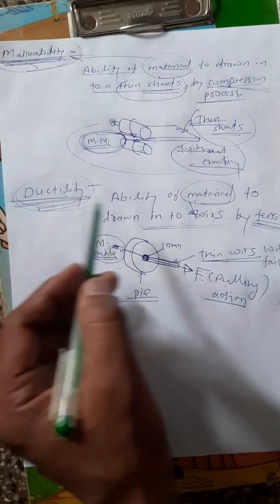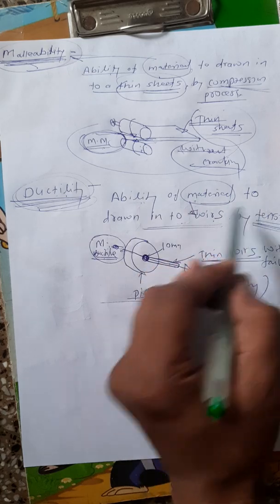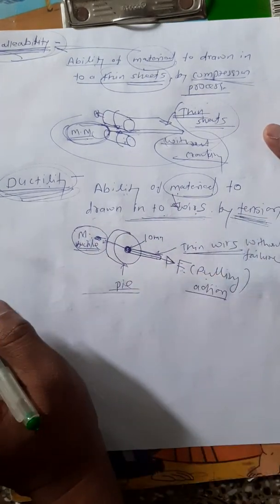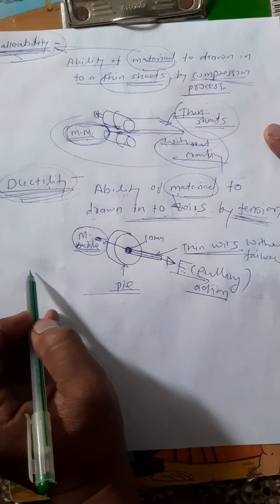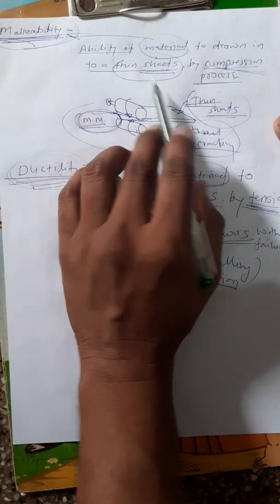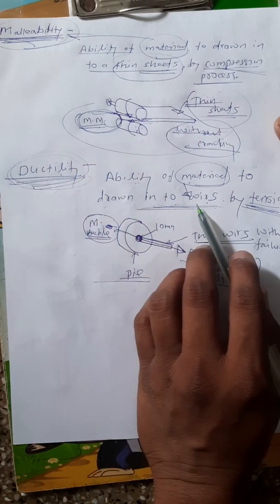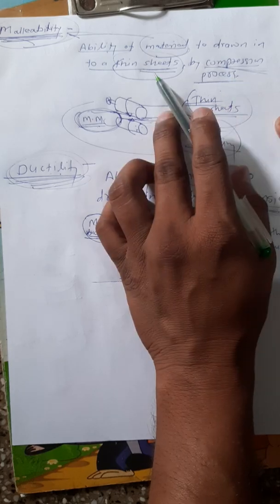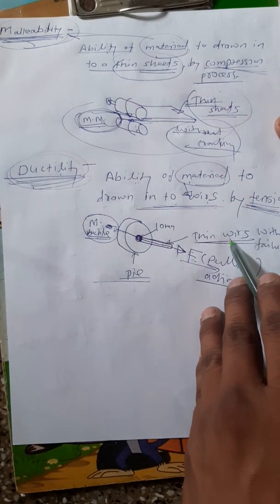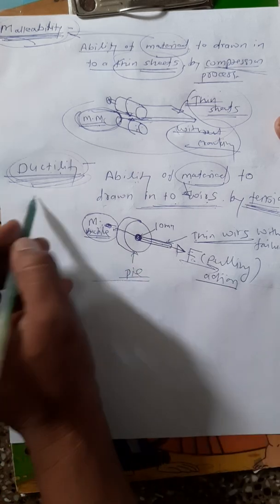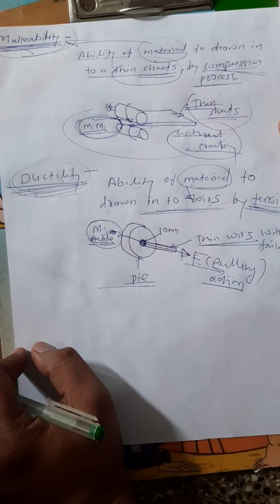Ductility is the ability of a material which can be drawn into thin wires by tension action, a pulling force. In malleability we get thin sheets, in ductility we get wires. Materials converted into thin sheets under the compression process have the malleability property, and materials converted into thin wires by tension action, by pulling action, have the ductility property.